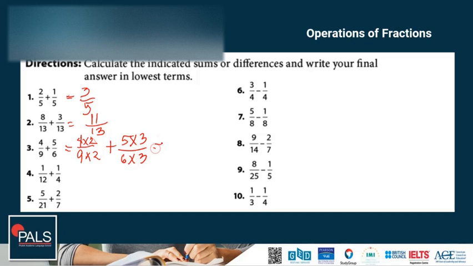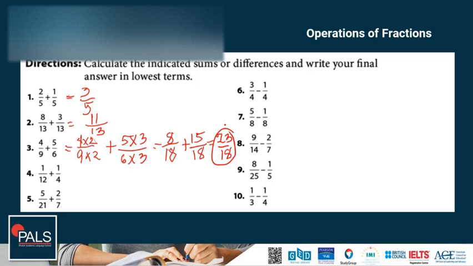Okay, so we have 8 over 18 plus 15 over 18. So 8 plus 15 is equal to 23 over 18. Okay, the answer is 23 over 18.